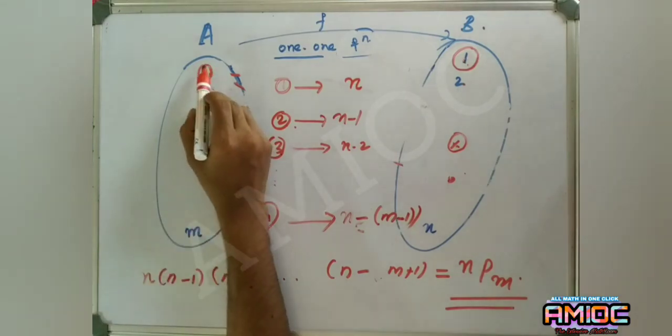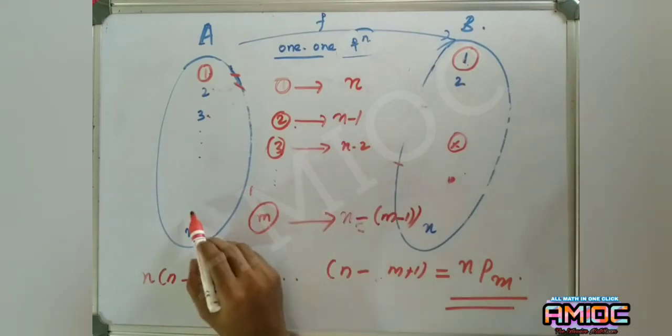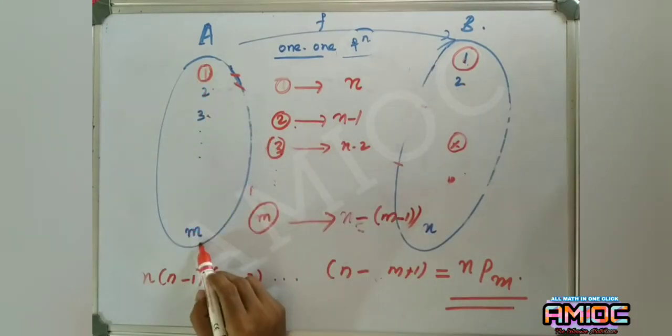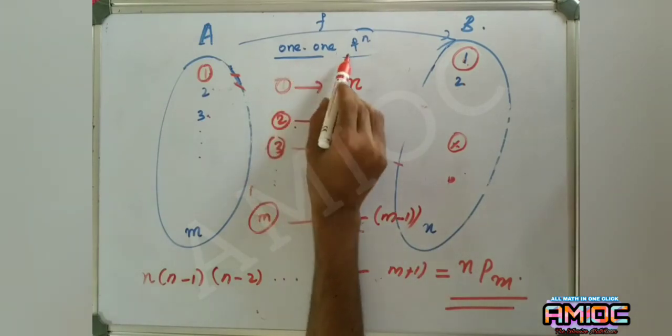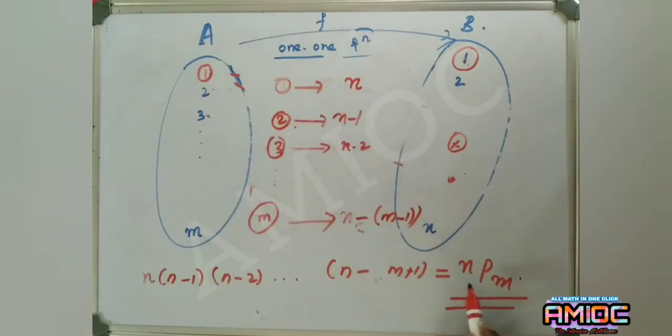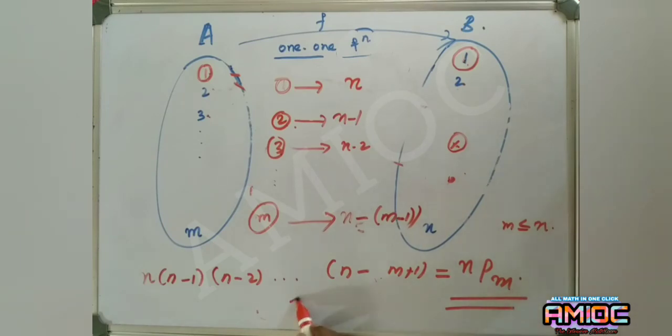Therefore, for a function from a set A to B, where the number of elements of A is m and the number of elements of B is n, the total number of 1-1 functions from A to B is given by nPm, where m must be less than or equal to n. In particular, if m is equal to n, we get nPn, which is n factorial.